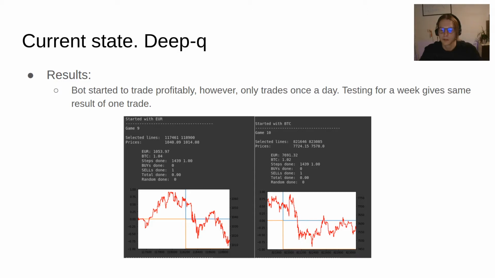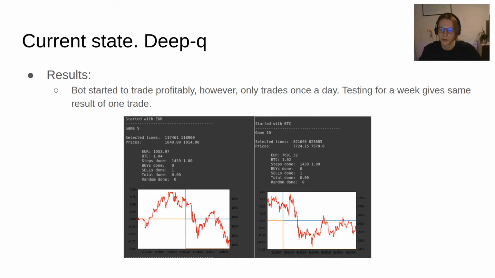But the thing is, it makes mostly one trade. And that doesn't really work out to be a very good strategy. I figured it just makes one trade during the day because it was the best trade, or just the one right moment for it.